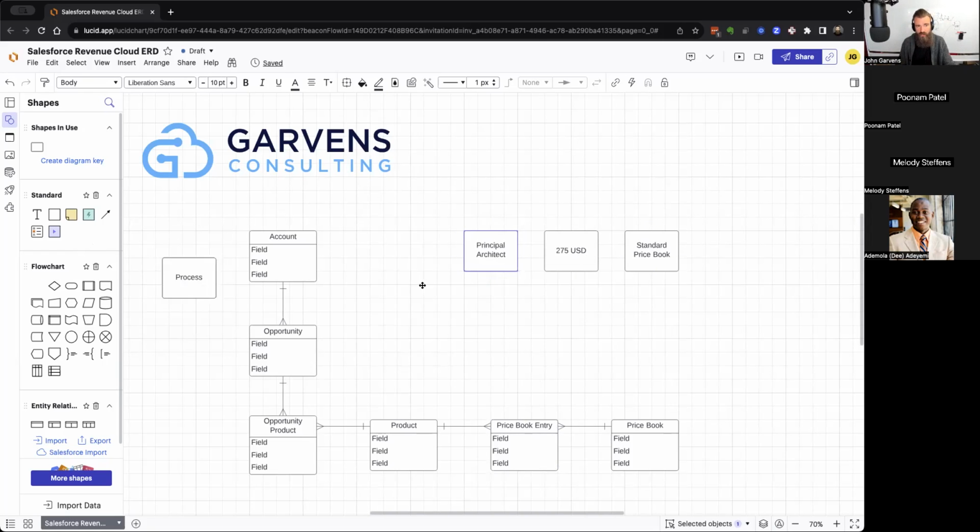If I have 2 currencies, now we have 2 records. We have, say, 300 Canadian dollars, because I need to have one price book entry for each currency. One of these price book entry records can hold information for only one currency at a time. You have one field for the price, you have one field for the currency.